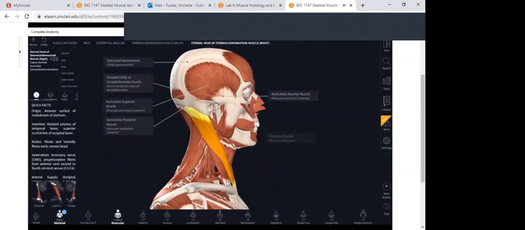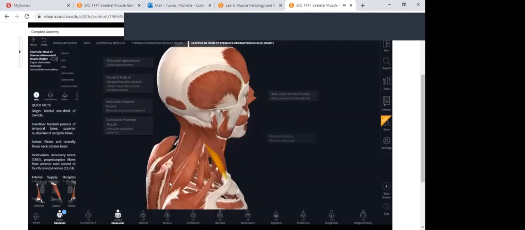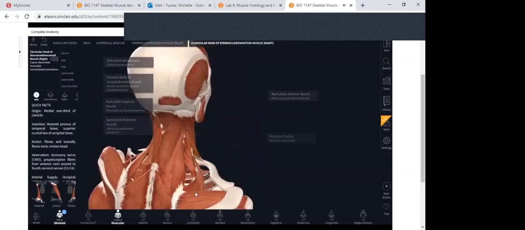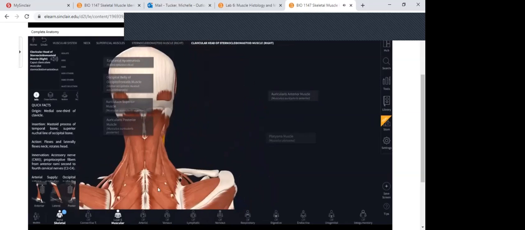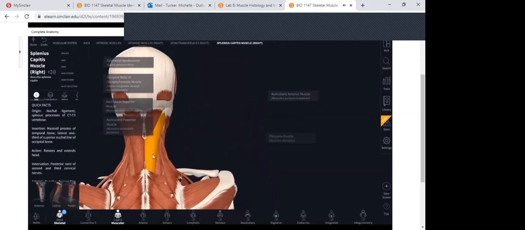This is another look at sternocleidomastoid. The antagonist to sternocleidomastoid is splenius capitis. Splenius capitis extends the head.